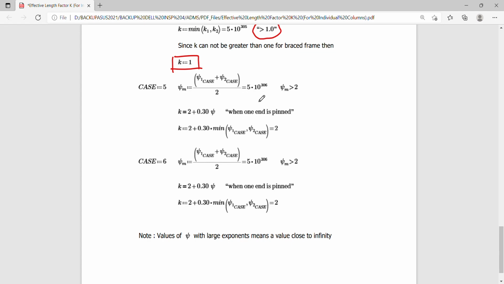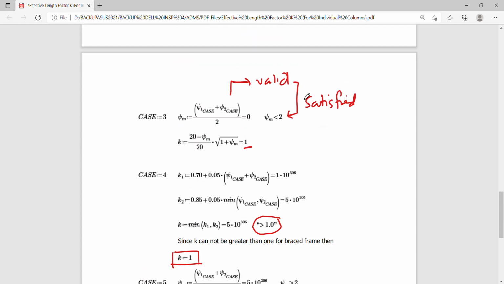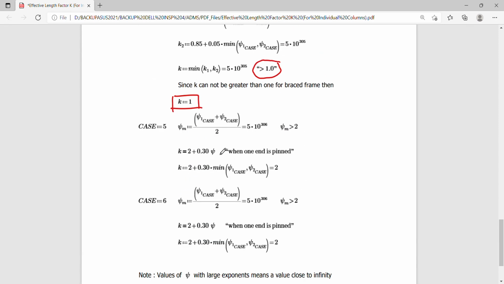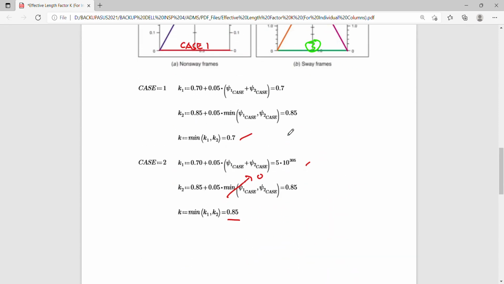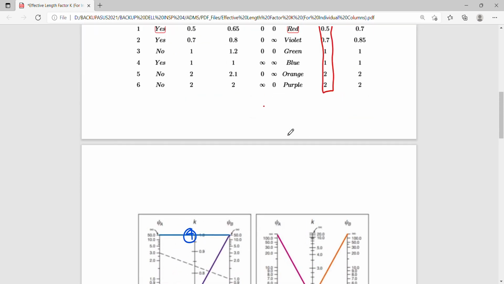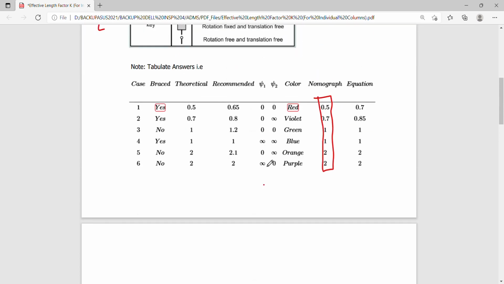And we take note that since this exceeds again a value greater than 3, we cannot use the formula on case 3, but rather use another formula wherein it captures the condition where there is a pinned condition, or as shown here in your 5 and 6.